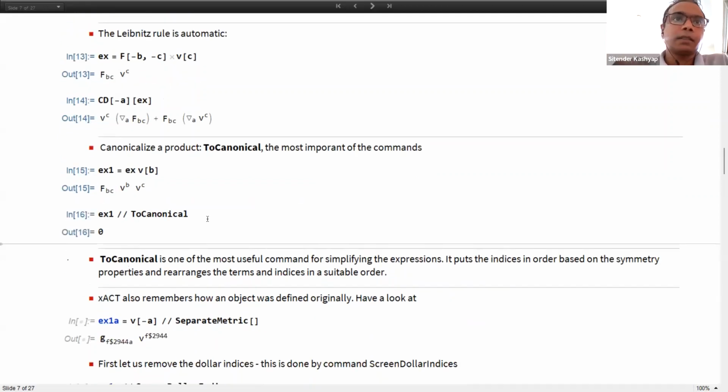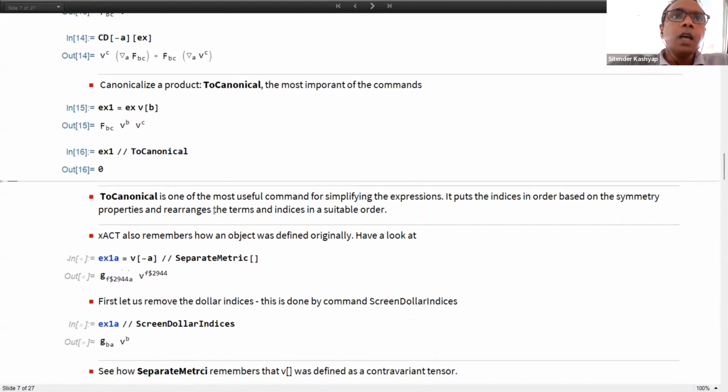And you see what ToCanonical does. These are symmetric in B and C, antisymmetric in B and C. So obviously the answer should be 0, which is what xAct is giving us. So ToCanonical is one of the most powerful commands for simplifying expressions. It puts the indices in order based on symmetry properties and rearranges the terms and indices in a suitable order.